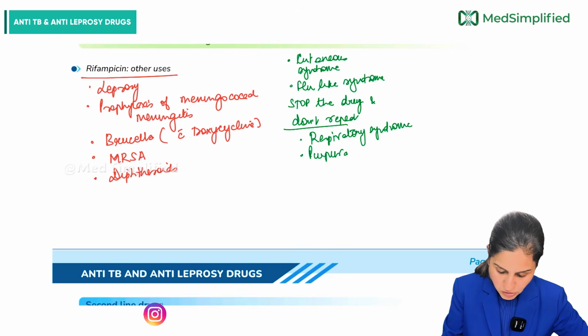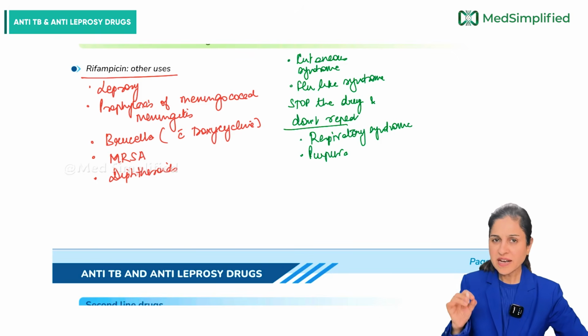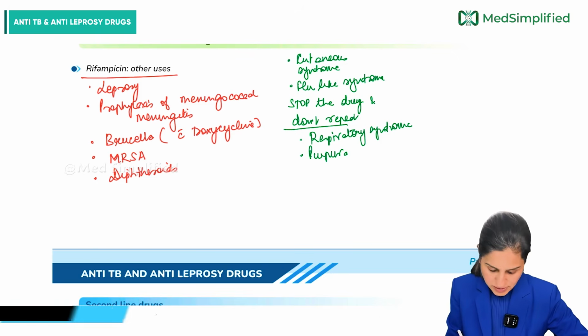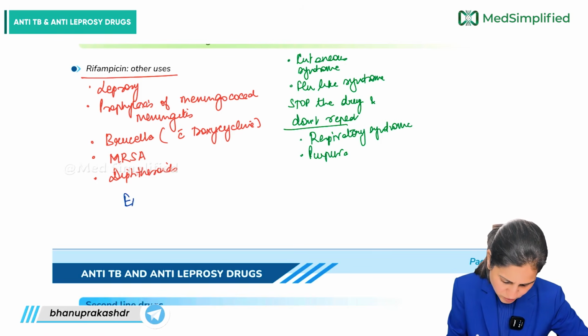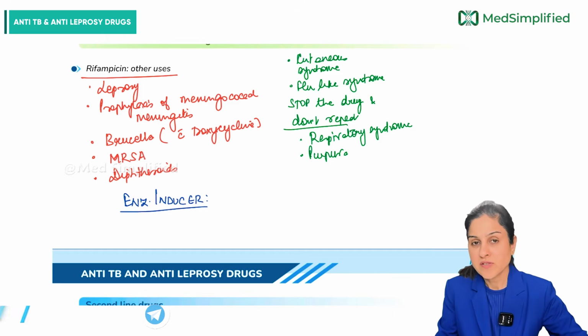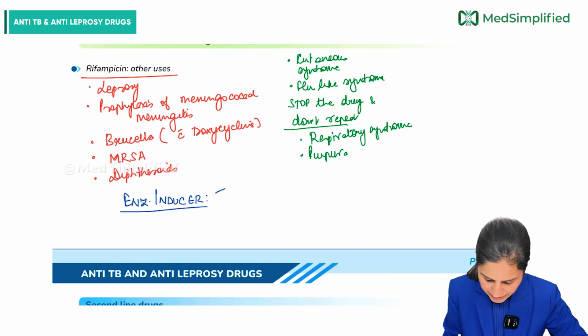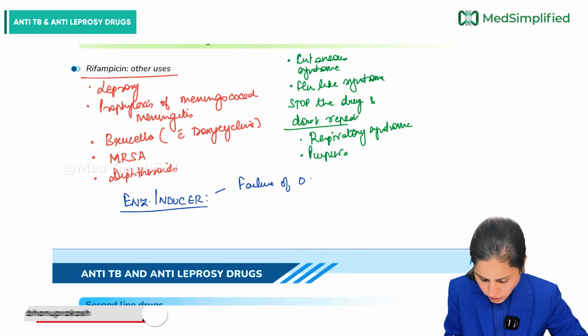Another important thing to know about rifampicin is that it's a very, very potent enzyme inducer. So if you give it along with other drugs, there are bound to be various drug interactions. Importantly, it can cause failure of oral contraceptive pills.